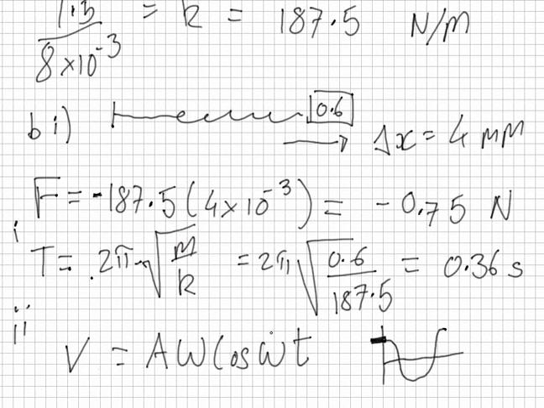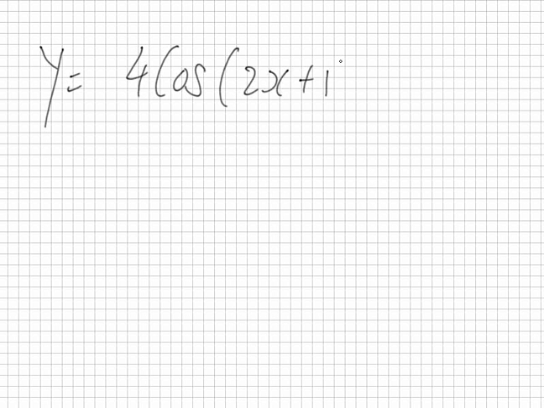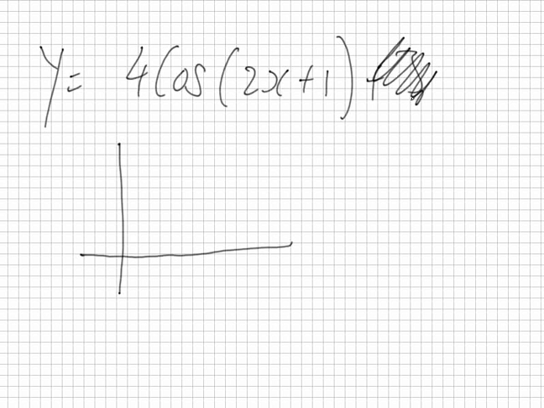You're forgetting your maths. Let me go to the side here. All right. So let's switch our brains to maths class. Y equals 4 cos 2x plus 1 plus 3. So if I just had 4 cos, forget about that, what's the maximum and what's the minimum? 4 and minus 4, right?